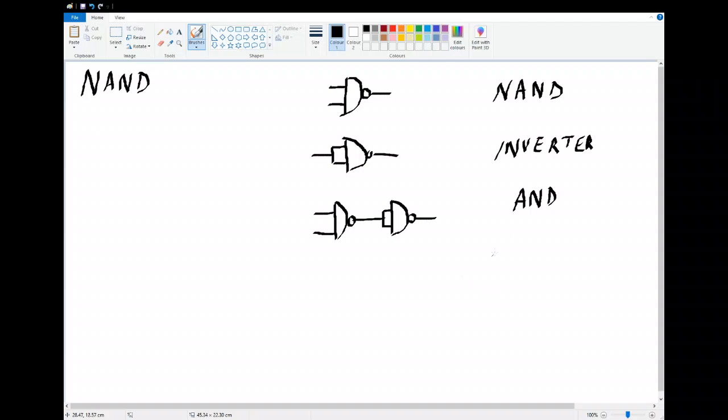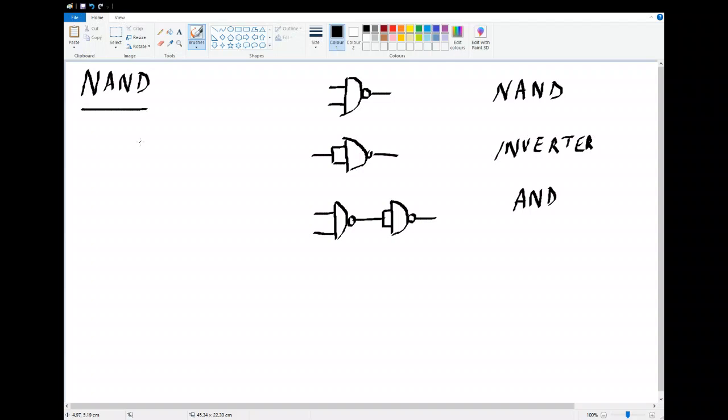There we go. We've now got the AND function. If we go in here with A and B, out here at the output we have A and B. So one gate, NAND, doing 3 jobs.